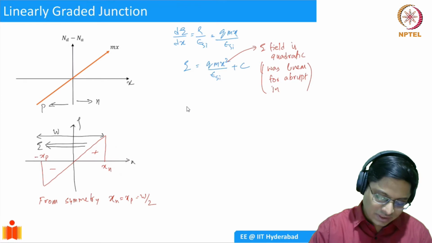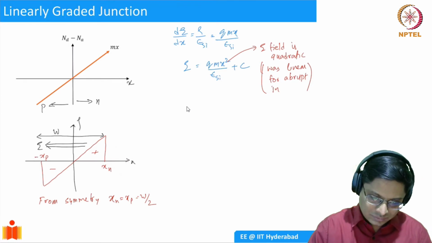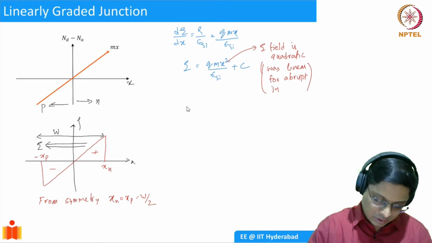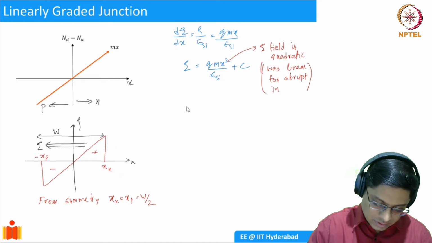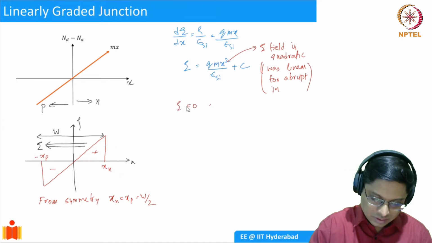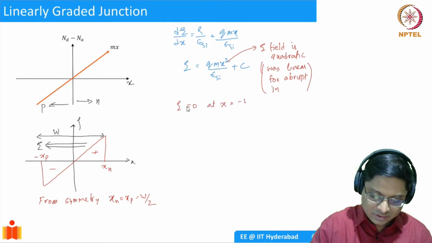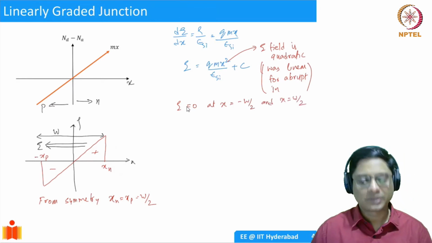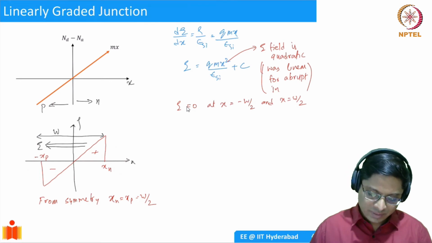Since I have to make it zero, E equal to 0 at x equal to minus W by 2 and x equal to W by 2. At both these points, it has to be 0. How do we make sure that this happens?